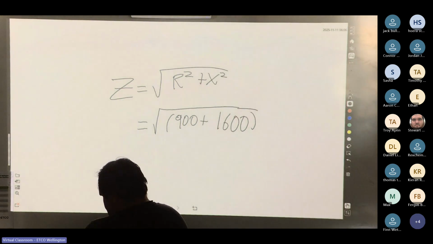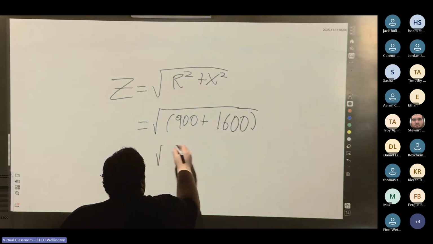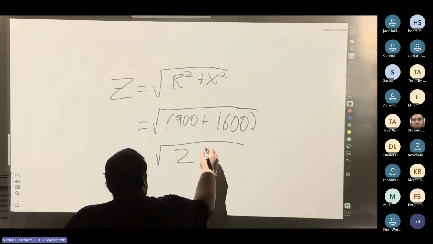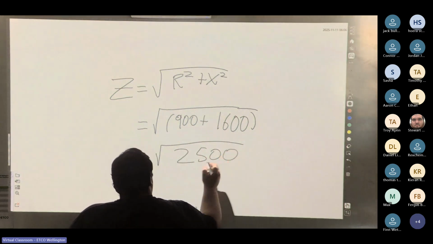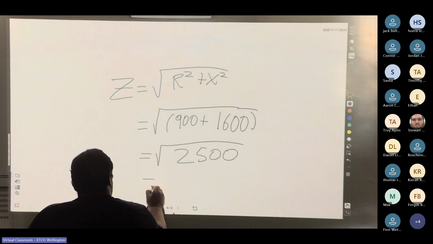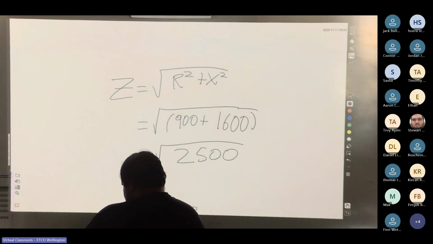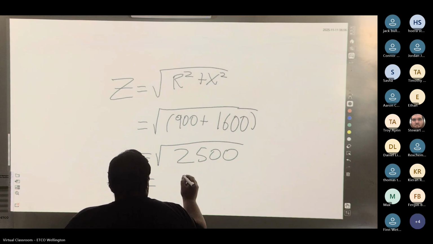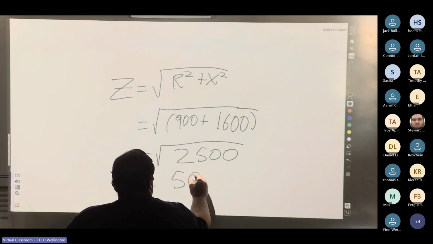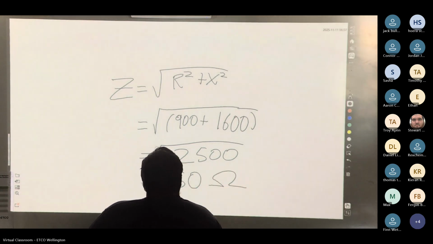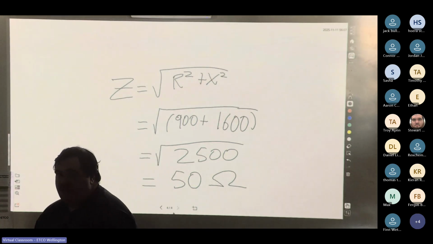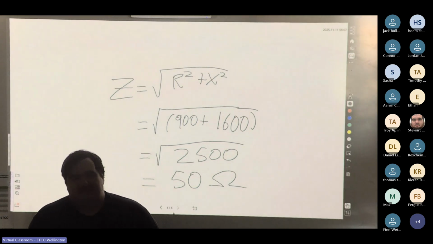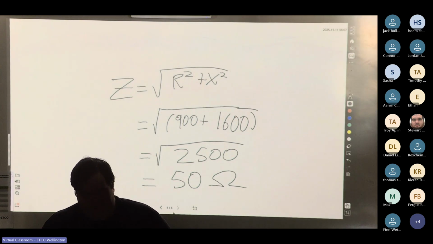So that means it's the square root of 2500, which gives us 50 ohms. The other way we can remember this is the 3-4-5 rule. I think I talked about this a little bit last year.